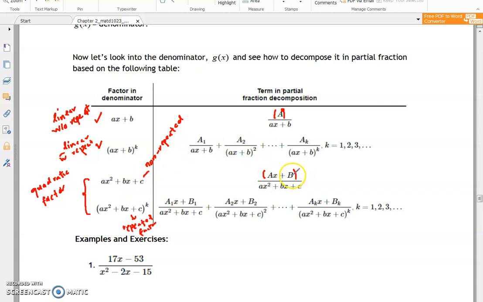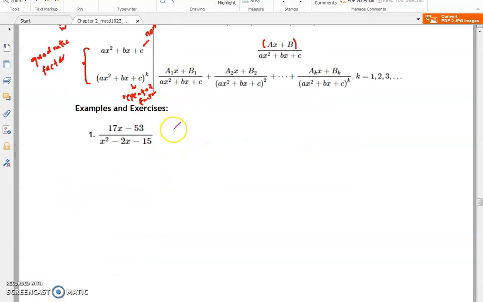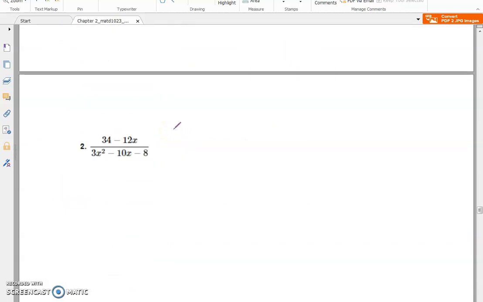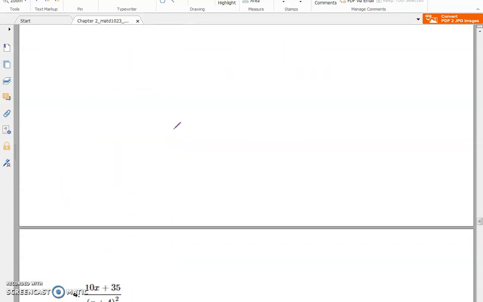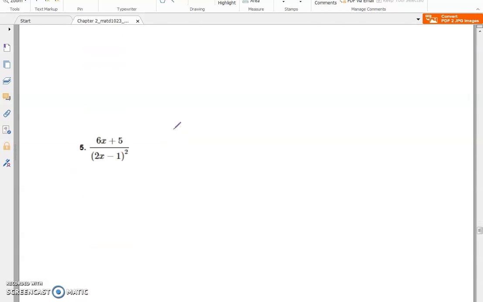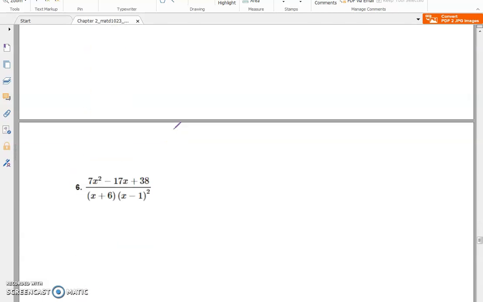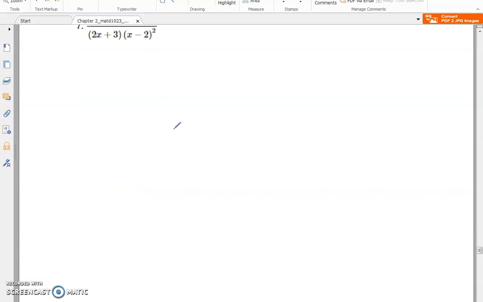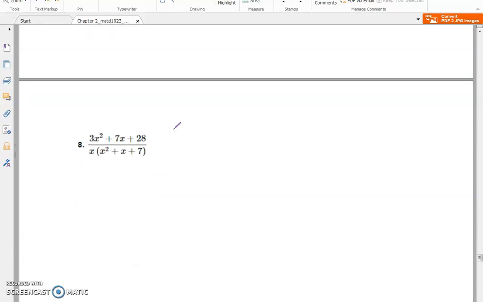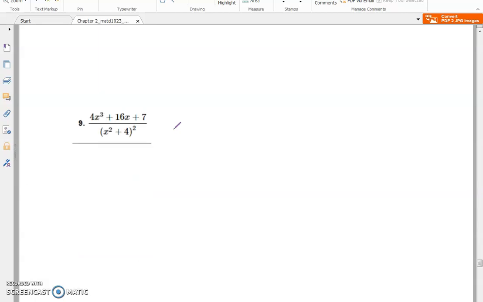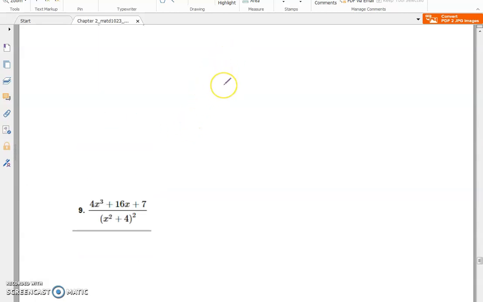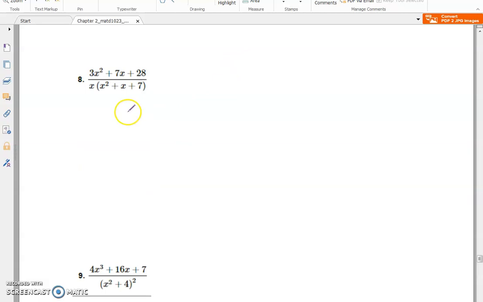Okay, let us see the specific example on how to decompose a big factor into a partial fraction. Or maybe we can start with number 8 first.